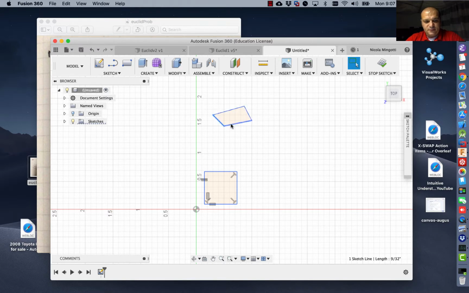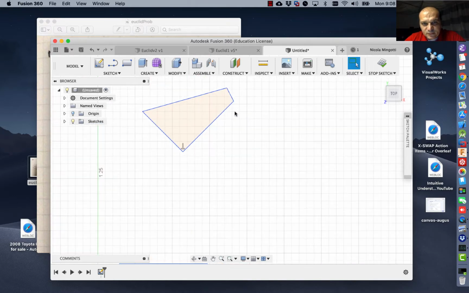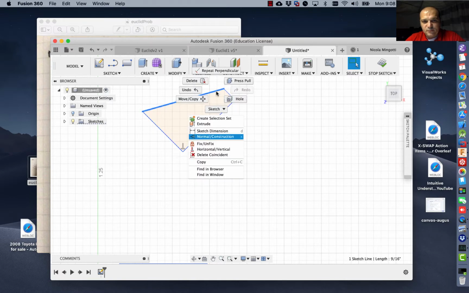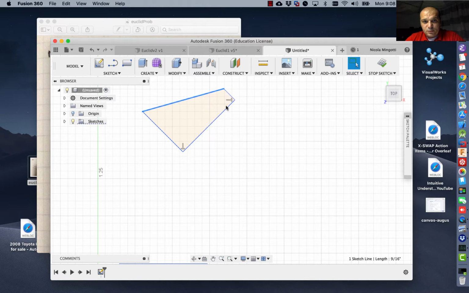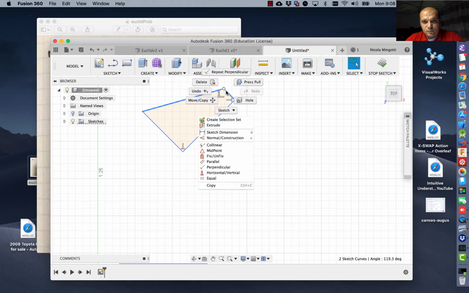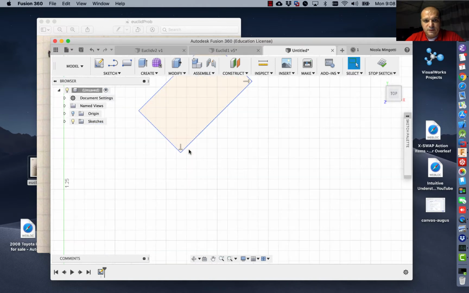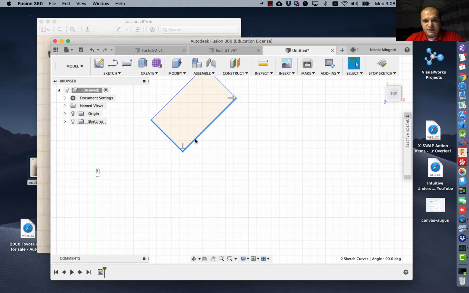Okay, this line and this line again perpendicular. This line and this line perpendicular. And this line and this line. Okay, this side and this side are equal.